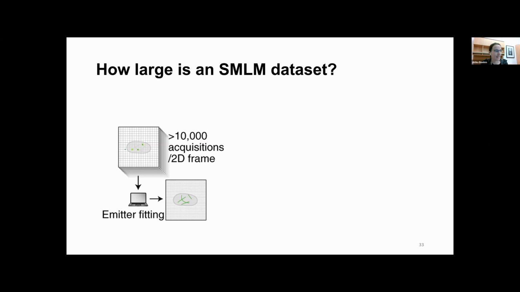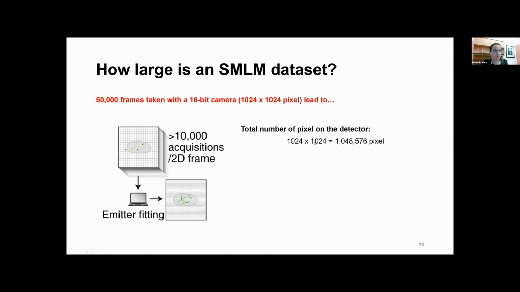To get a handle on this, let's say you take 50,000 frames with a 16-bit camera, with a size of 1024 times 1024. That leads to over 1 million pixels. With 16-bit, you multiply the number of pixels by 16 bits to get the full bit number.